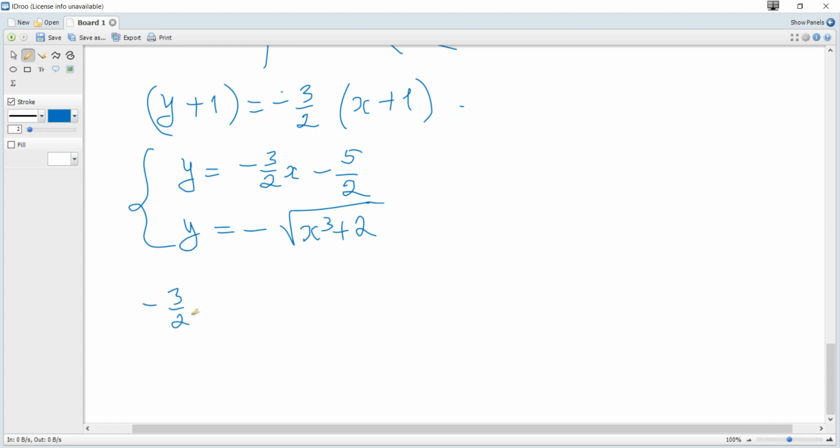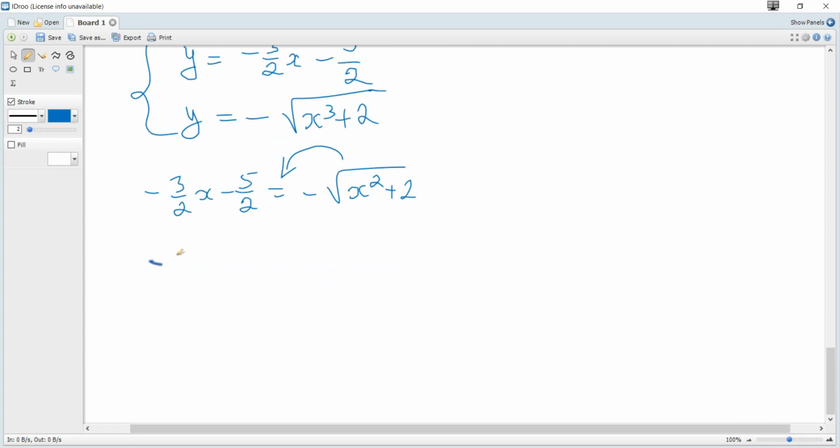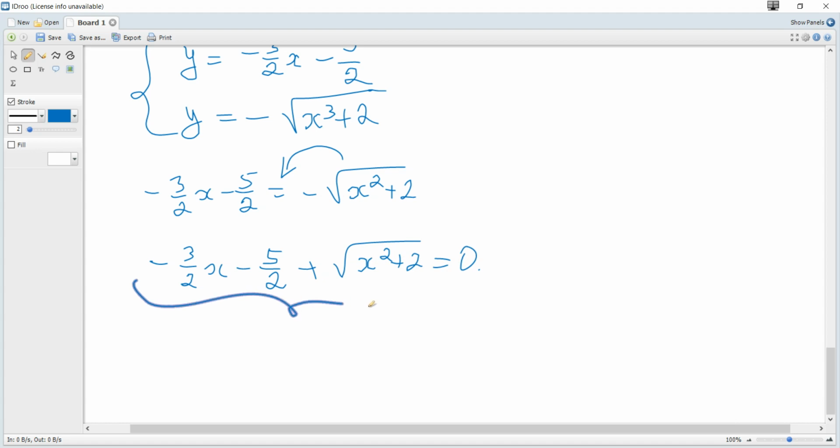You should consider this equal to this and find the point of intersection, or move it to the left and consider minus 3/2 x minus 5/2 plus root of x cubed plus 2 equal to 0, and plot only one graph and find the x-intercept. Otherwise, you should plot two graphs, the left-hand side and the right-hand side, and find a point of intersection.